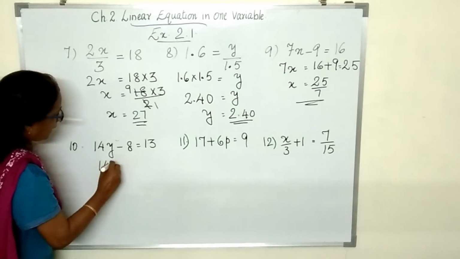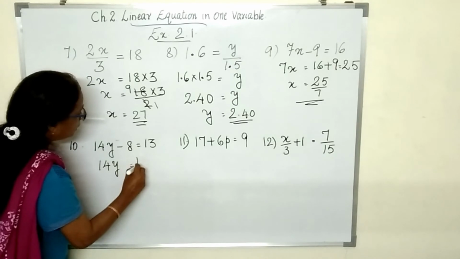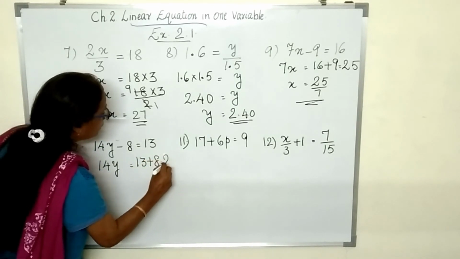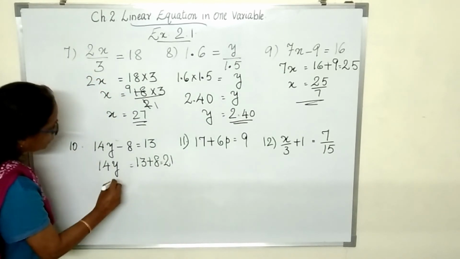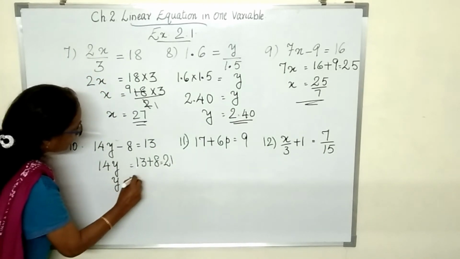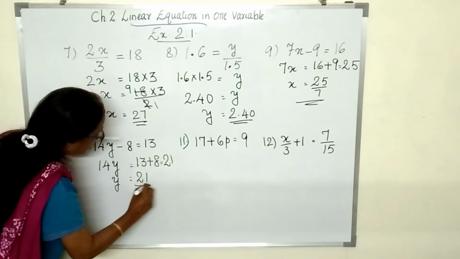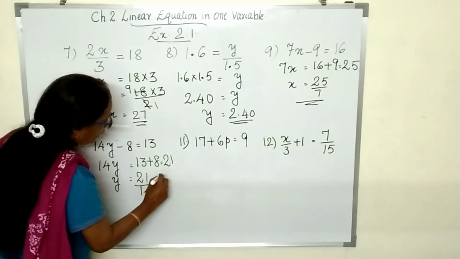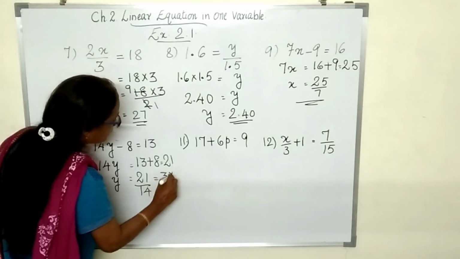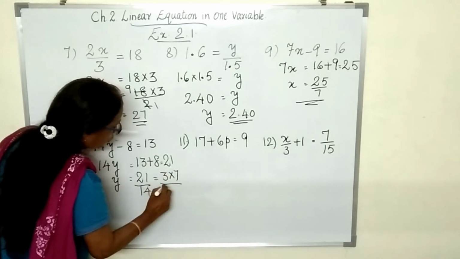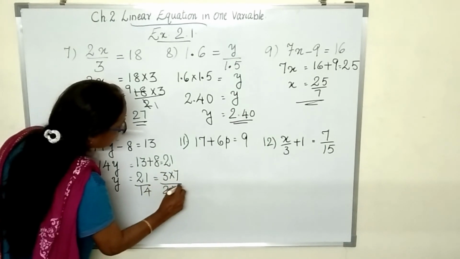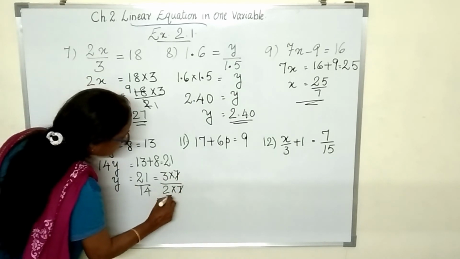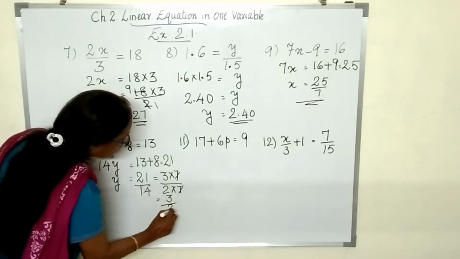So 14y is equal to 13 plus 8, which is equal to 21. So y is equal to 21 upon 14. We know that 21 is 3 sevens and 14 is 2 sevens. So 7 gets cancelled. We get 3 upon 2.